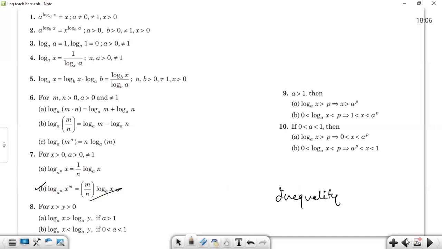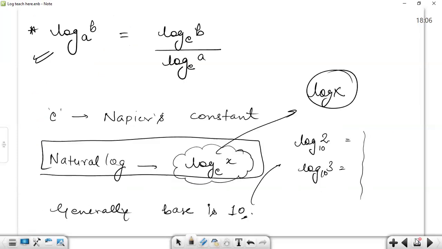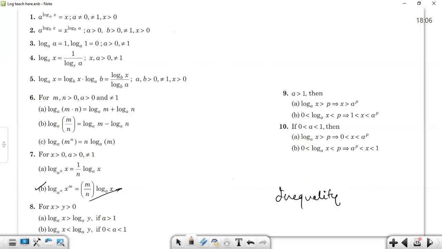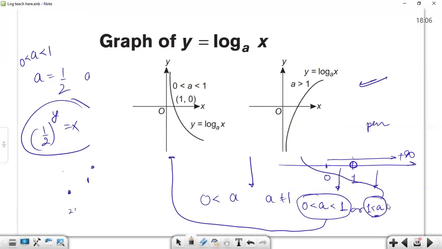So for that, I would like you to recall the graph of the logarithm. Yeah, here it is. When we see the graph of the logarithm, when the base is lying between 0 and 1, the graph is decreasing.